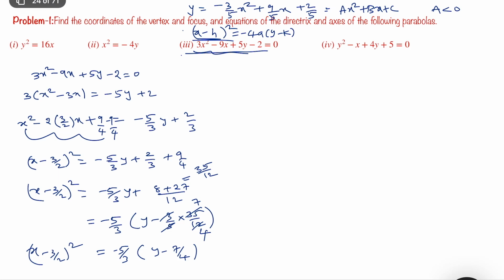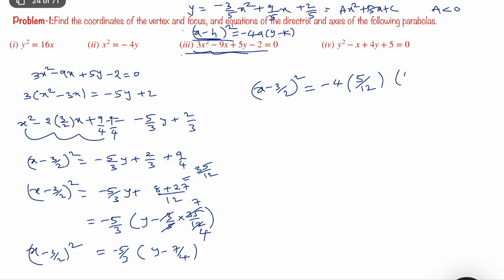I think h and k are clear, so let me write like this: x minus 3 by 2 whole square equal to minus 4 times 5 by 12. So this 5 by 3 I am writing as 4 times 5 by 12, same thing.